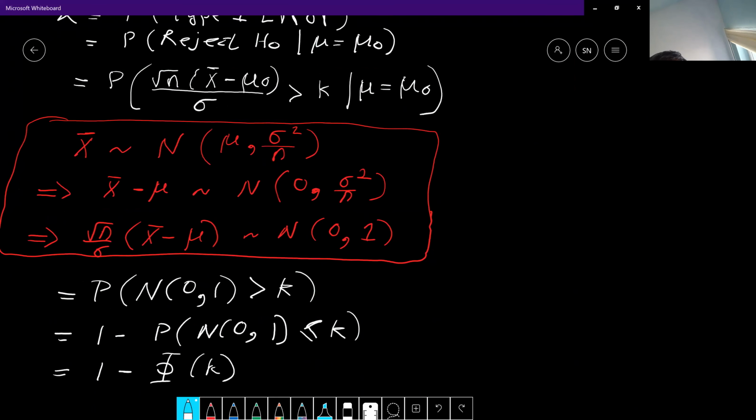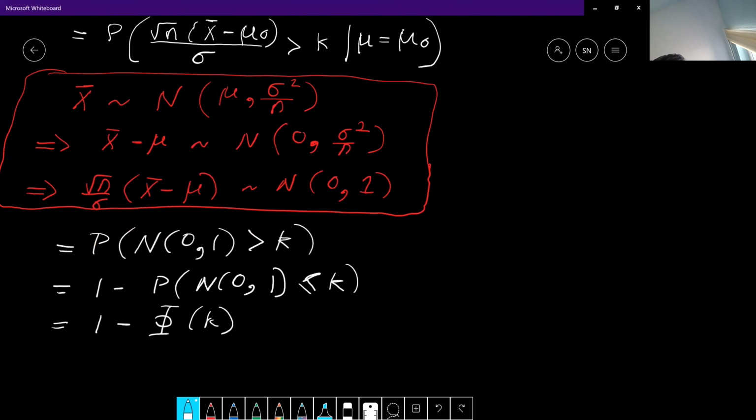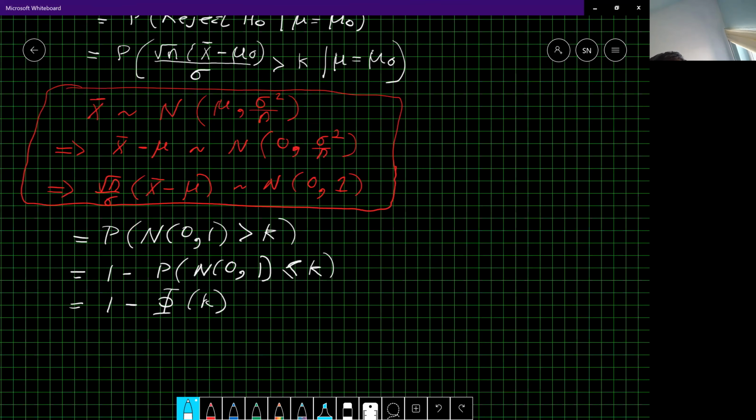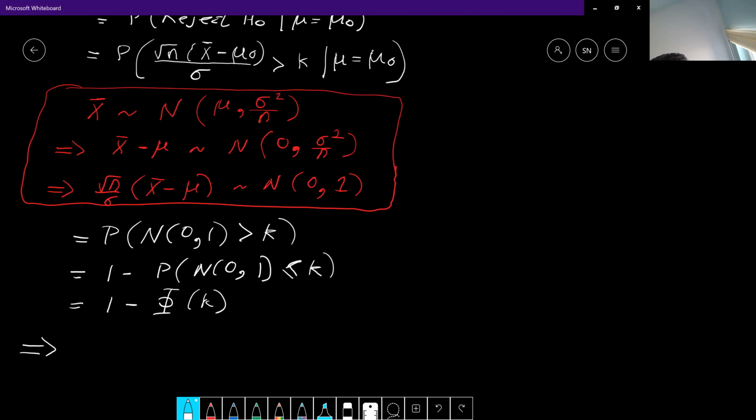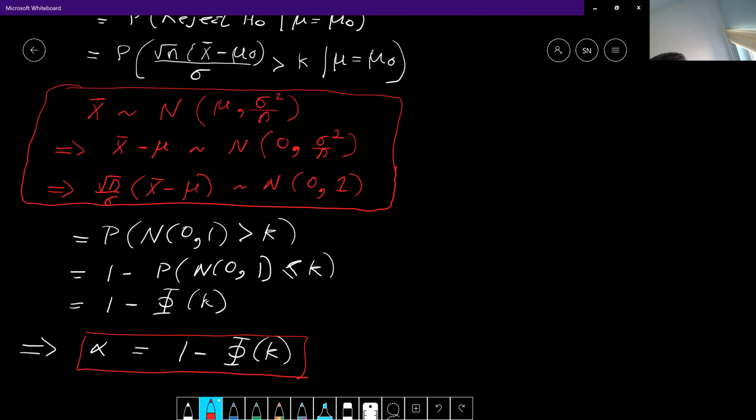So what we have shown is that alpha, the probability of type 1 error, is 1 minus phi at k. Do you have any questions so far on what I have done? Let me know. You can talk or type in the chat box.